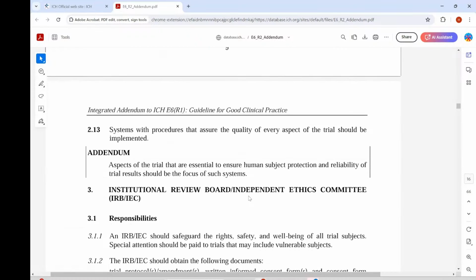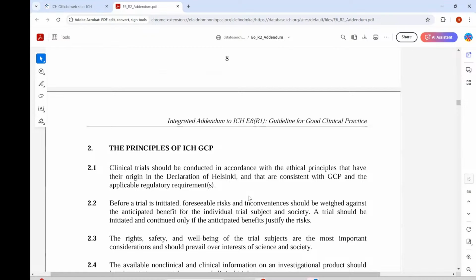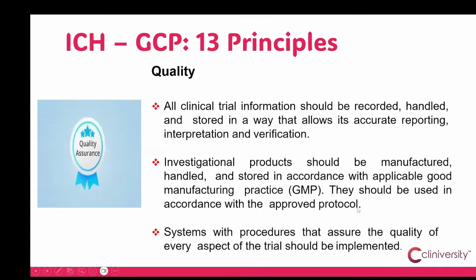So these are the 13 principles that you can see in the document, and also in the material that will be provided by Cliniversity. So we discussed different phases in the clinical trial, the content in the good clinical practice, and the 13 principles of good clinical practice.